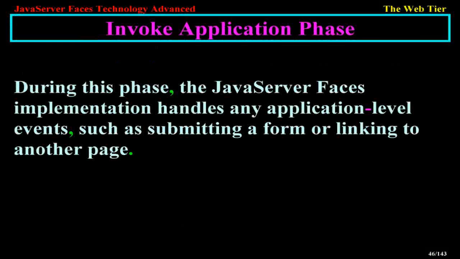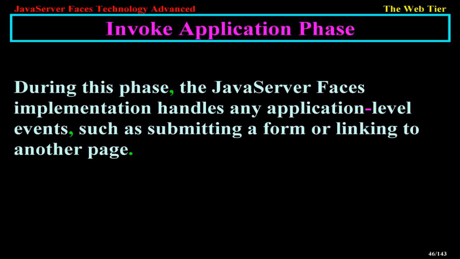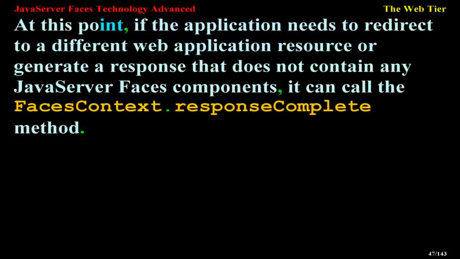Invoke application phase. During this phase, the JavaServer Faces implementation handles any application-level events, such as submitting a form or linking to another page. At this point, if the application needs to redirect to a different web application resource or generate a response that does not contain any JavaServer Faces components, it can call the FacesContext response complete method.